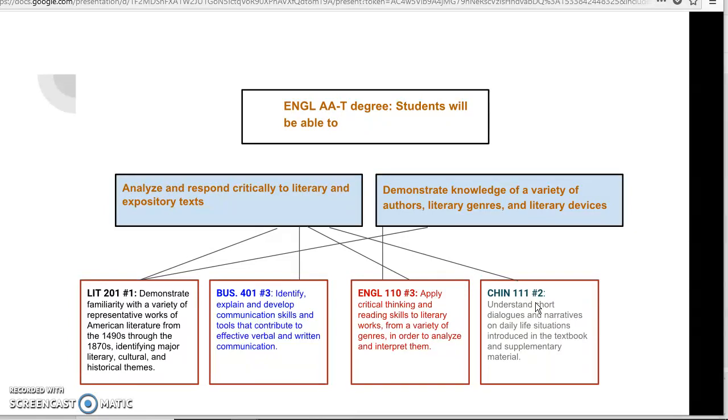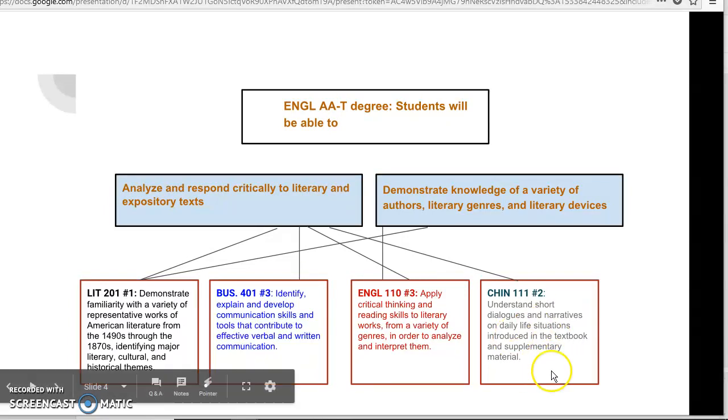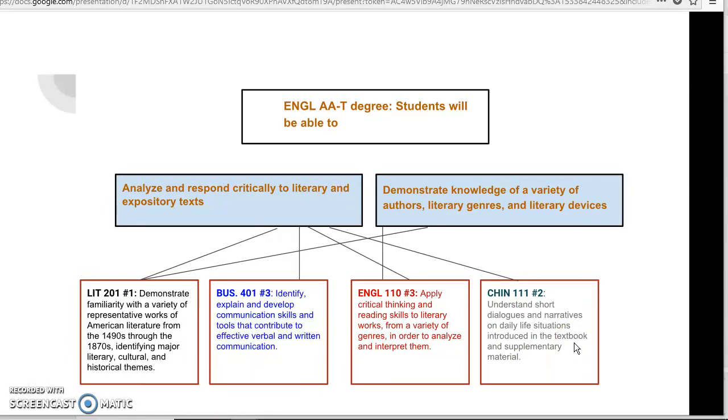Now, that doesn't directly relate to analyzing and responding critically to literary expository texts, demonstrating knowledge of a variety of authors, but we felt like learning Chinese, particularly this outcome where you learn short dialogues and narratives on life situations, probably would help you ultimately make sense of texts.